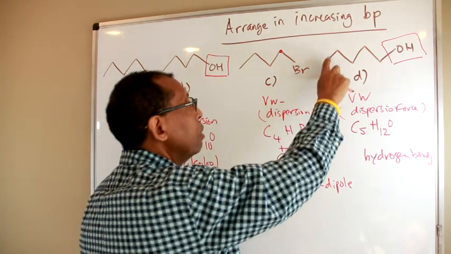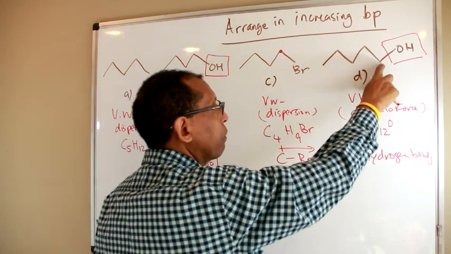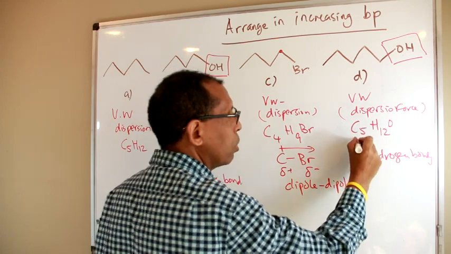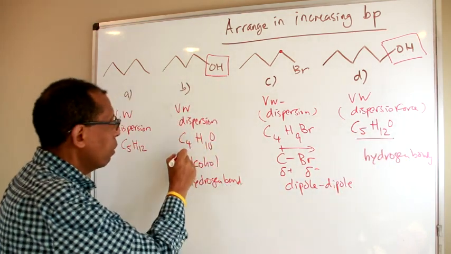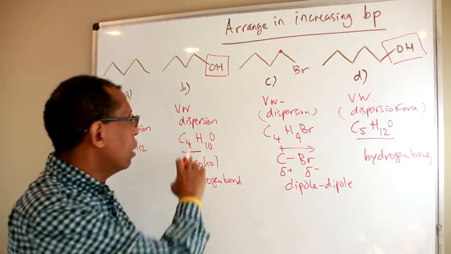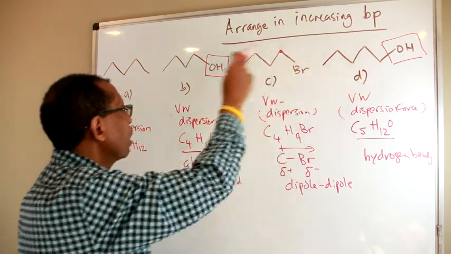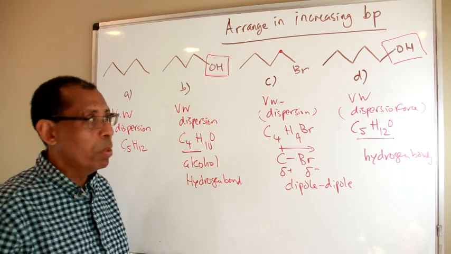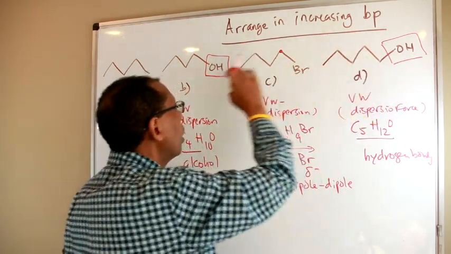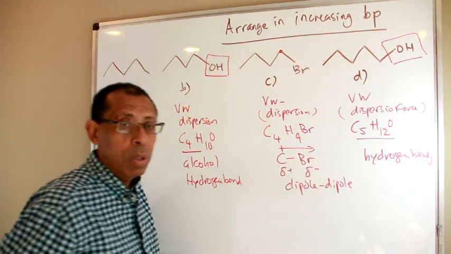So you have 1, 2, 3, 4, 5 carbon, a 5 carbon chain. Here you have only 4 carbon. So the dispersive force of D is higher than the dispersive force of B, even though the hydrogen bonding between the two is equal.